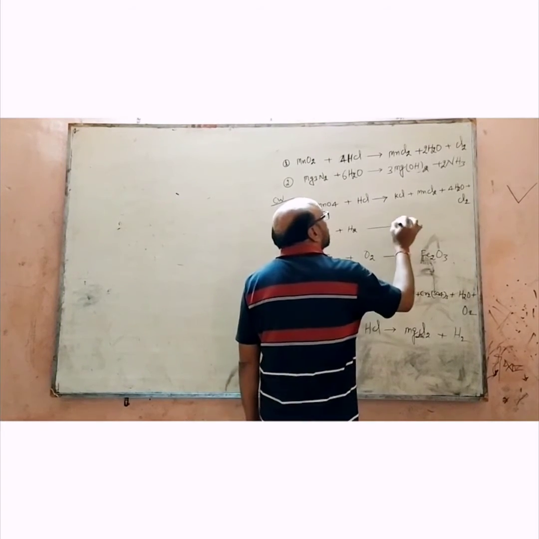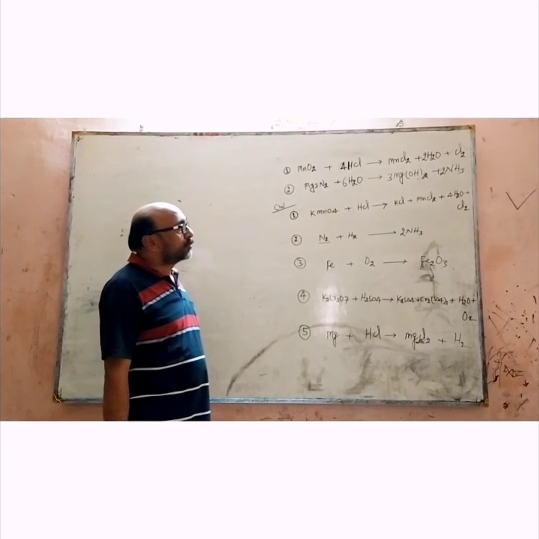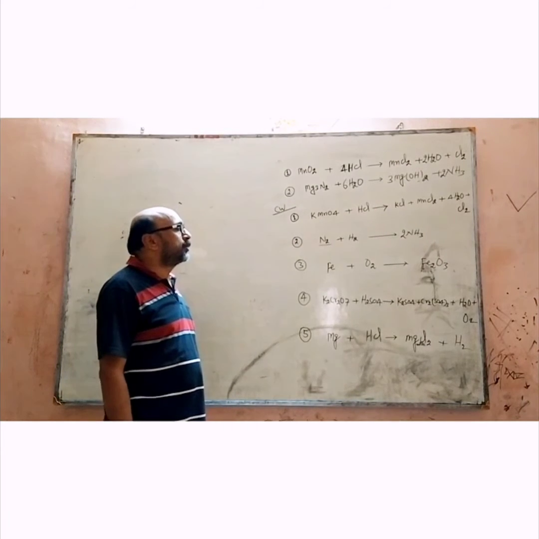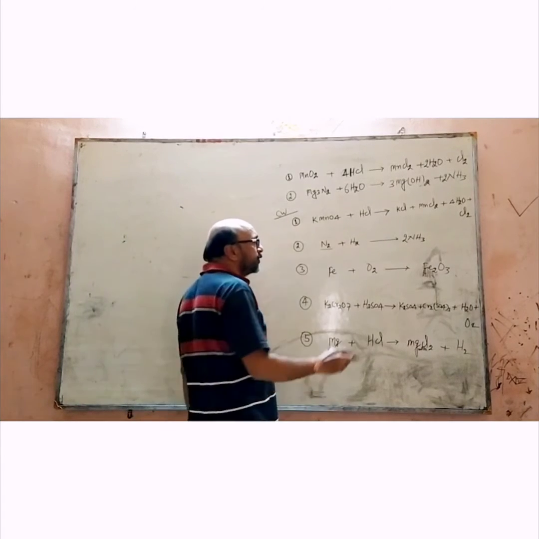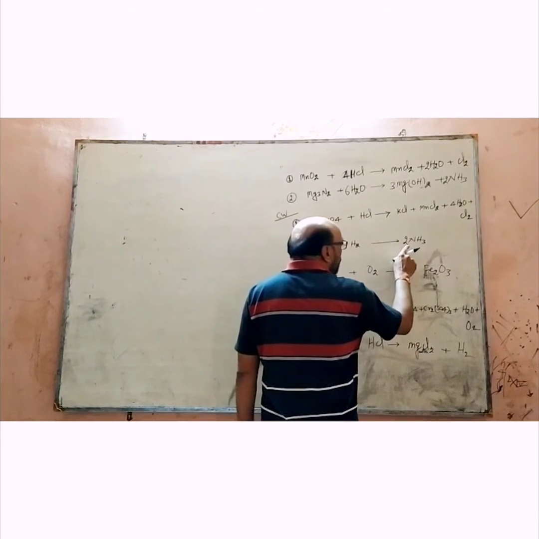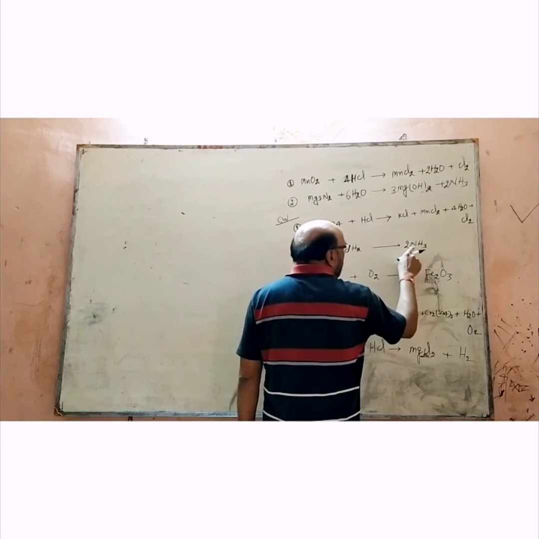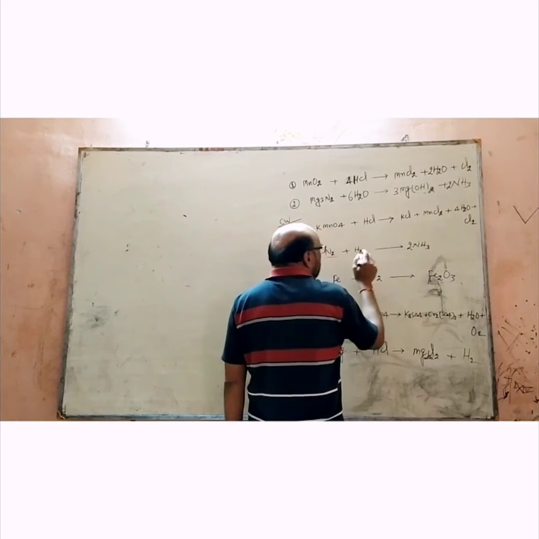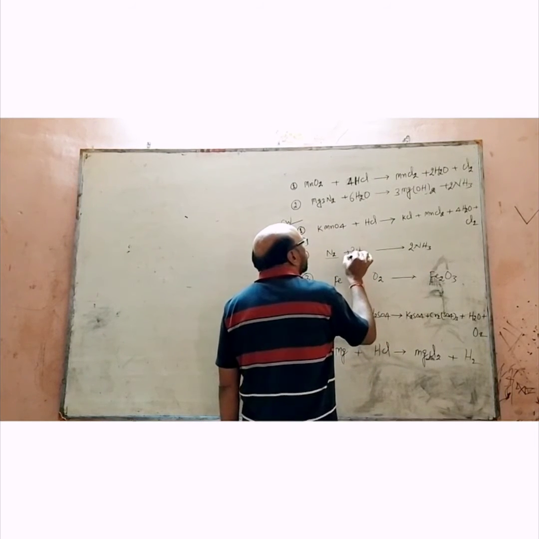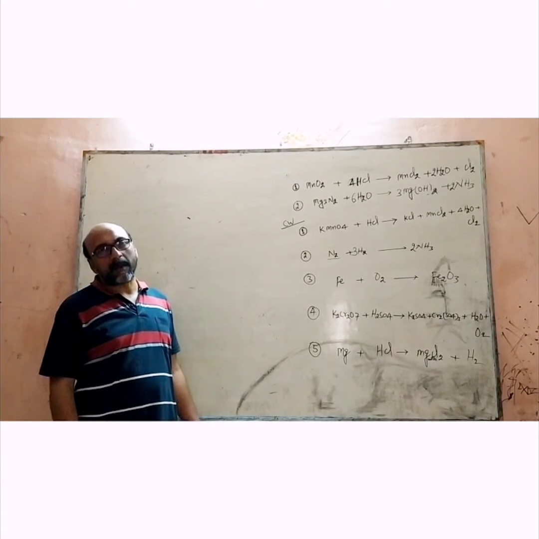Multiply the ammonia with 2 to make the number of nitrogen atoms equal on both sides of the chemical equation. Now, by balancing the nitrogen atoms, the number of hydrogen atoms becomes 6. 2 × 3 is 6. So multiply hydrogen with 3. You will have the balanced equation.